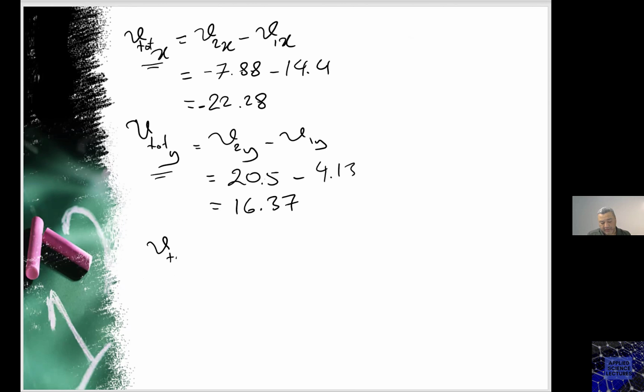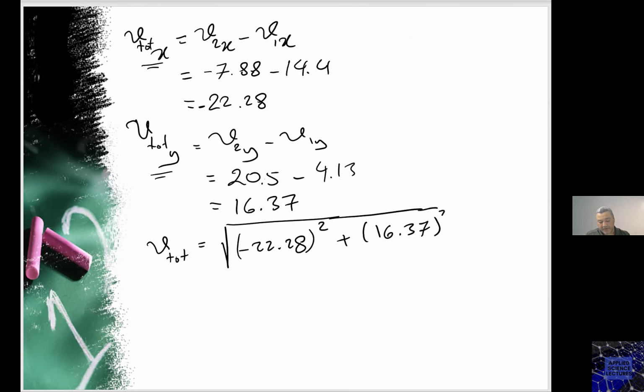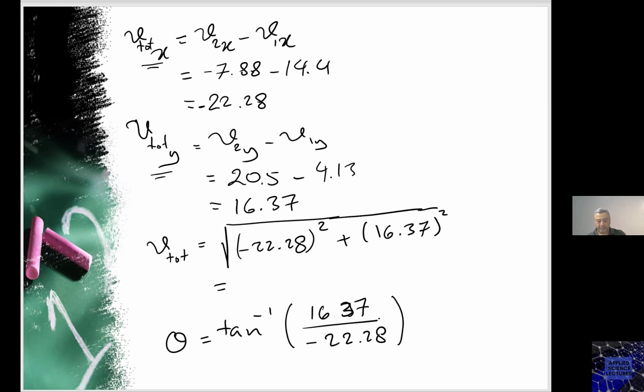Now I can find V tot, which is the square root of minus 22.28 squared plus 16.37 squared, and the answer is, what's the answer? 27.6.